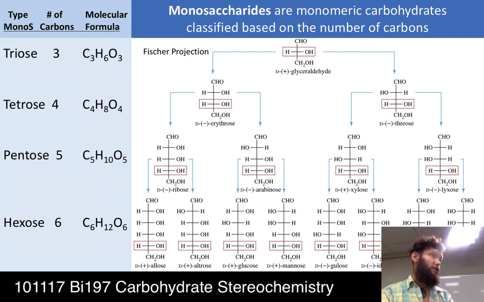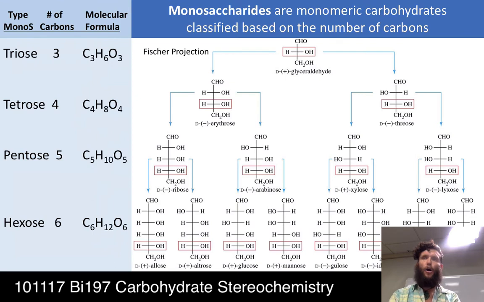So we're going to classify these monosaccharides based on the number of carbons in the backbone. I showed you glyceraldehyde, and we call that a triose. Any word with O-S-E on the end of it, ose, designates a sugar. So sucrose or glucose or fructose, those are all sugars, O-S-E on the end of it.